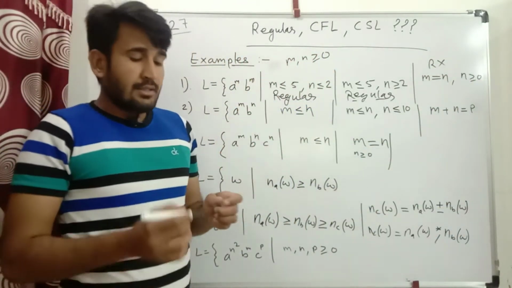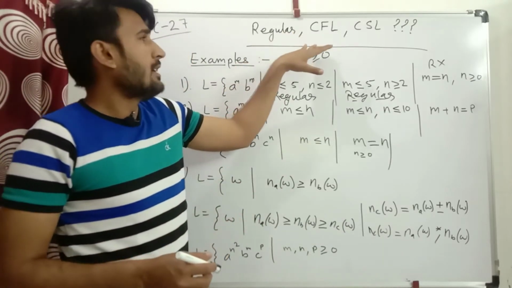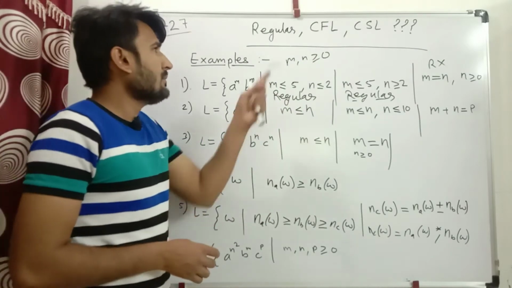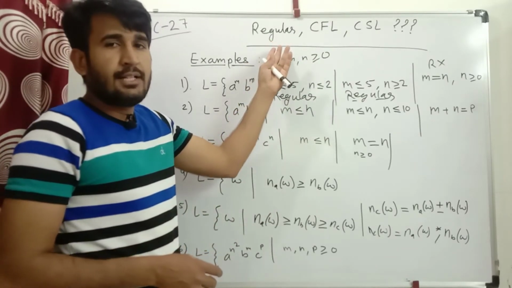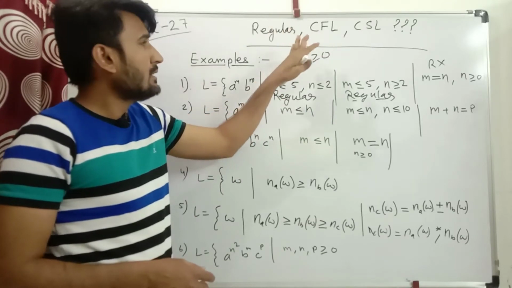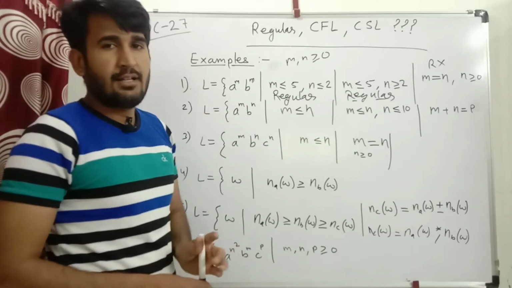We always try to find first regular, then CFL, then CSL. If it is not regular, then we will try to find for CFL. If it is not CFL, then we will try for CSL.